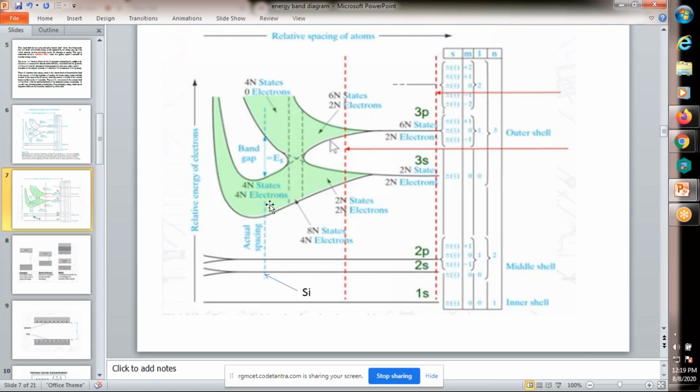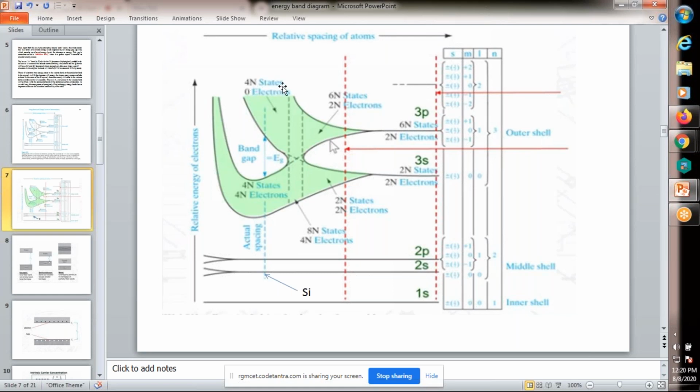Observe here, the outermost shell of silicon consists of 4 electrons, right? Here capital N indicates the number of atoms. So there are 4N electrons. In the valence band, how many electrons? 4N electrons. How many states? 4N states. In the conduction band, how many electrons? 0 electrons.